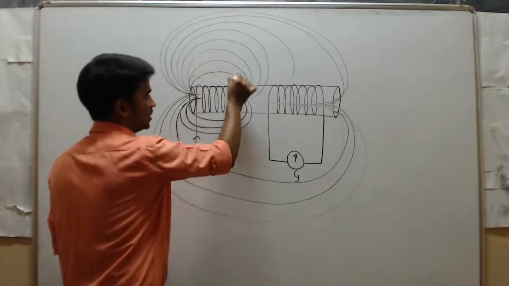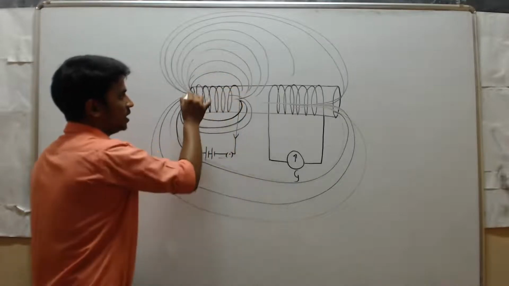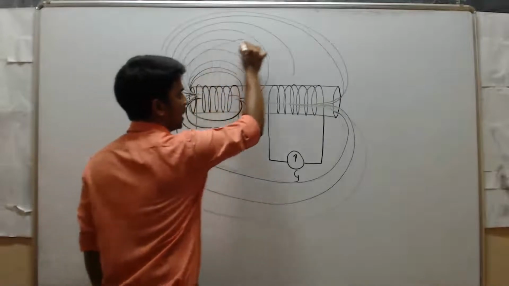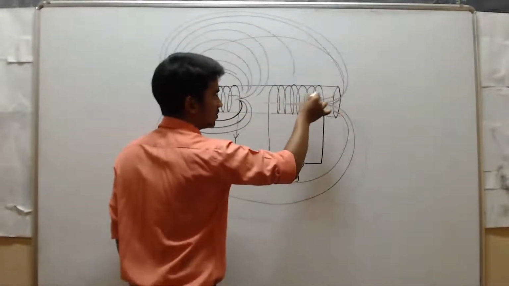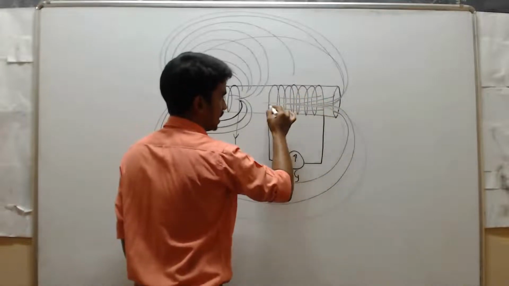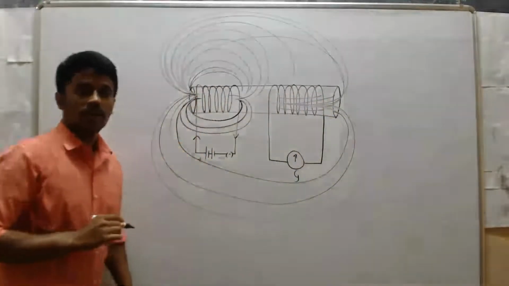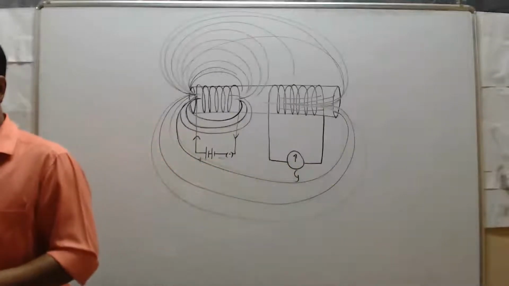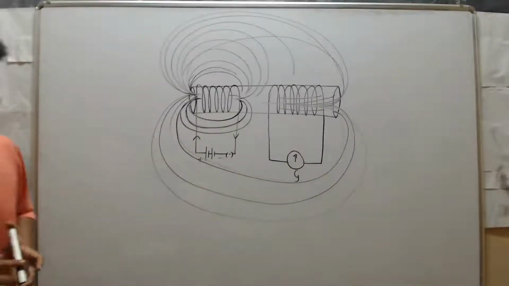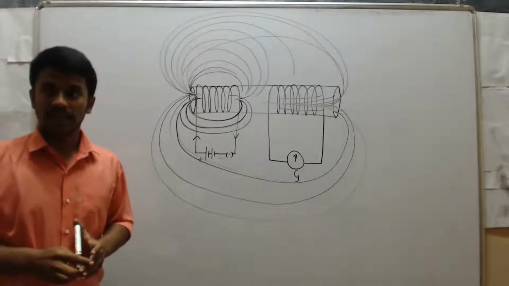The magnetic field is generated around this coil, and these magnetic field lines enter into this coil. Then these magnetic field lines induce electric current in this coil, so this galvanometer will show deflections. This process is also known as electromagnetic induction.